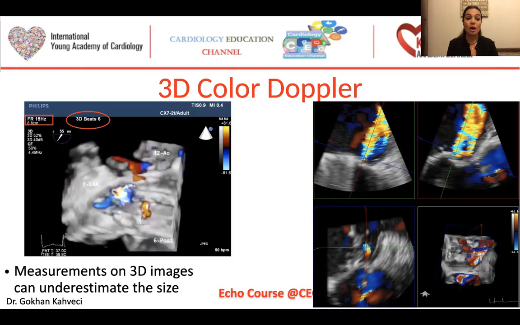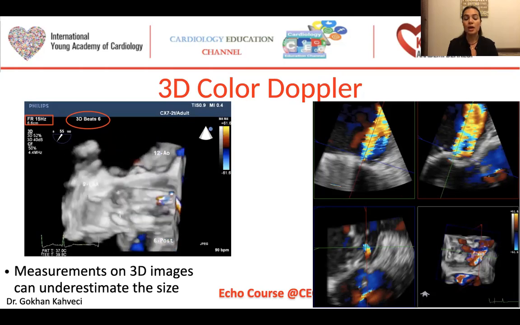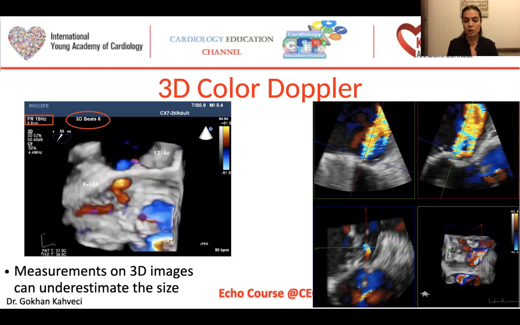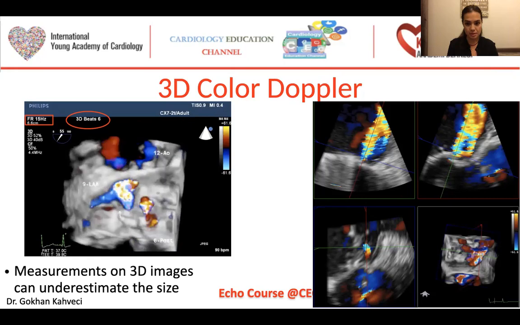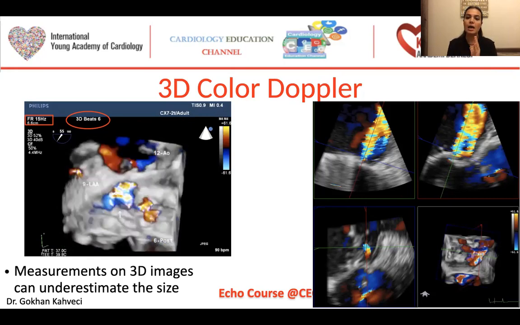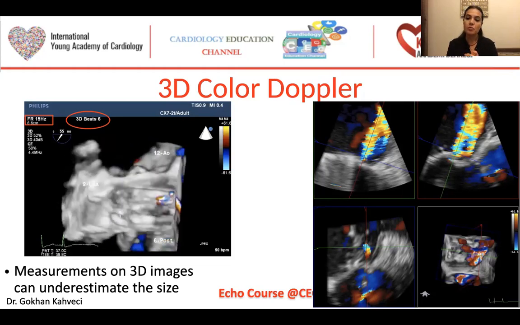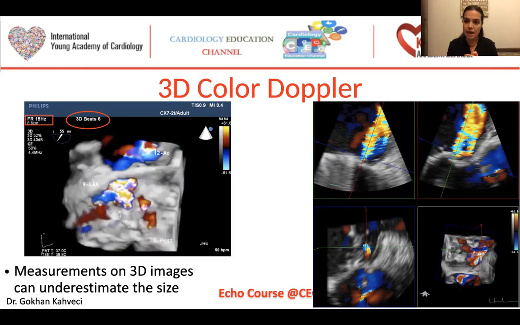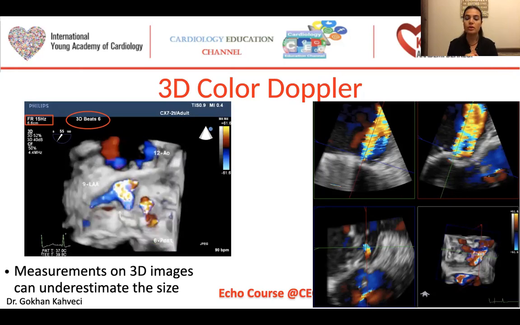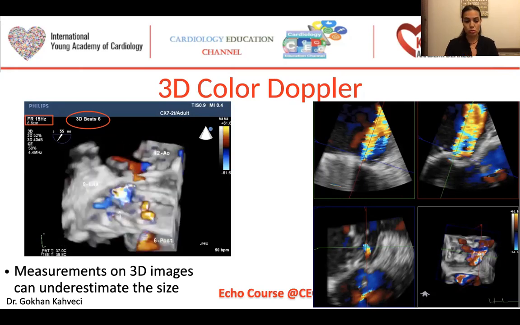And we shouldn't make a measurement on the direct 3D images because it can underestimate the size. So we should go to MPR mode and make the planes perpendicular to each other, and at that time we can get the exact size and the shape of the defect and make the measurement in MPR mode.